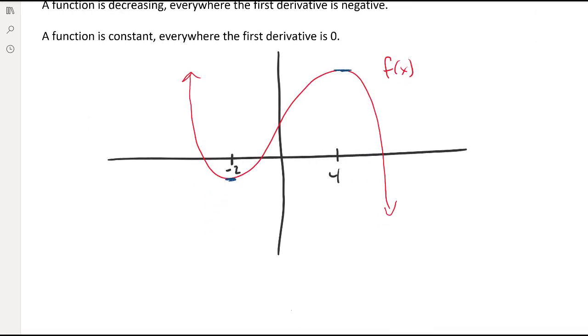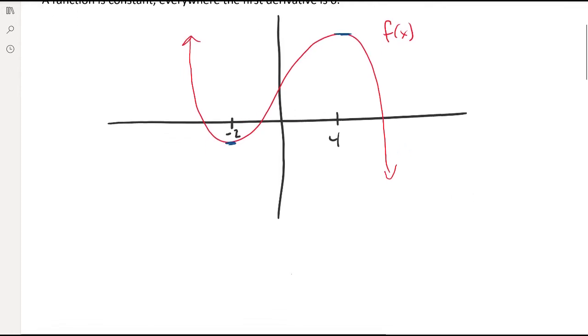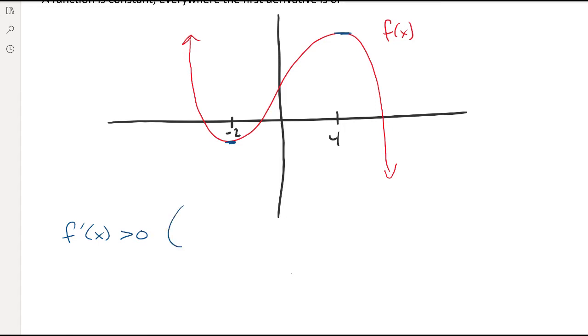Based off this graph, you'll be asked to do this in the homework. They may ask you, list all the values of x, in interval notation, such that f prime of x is positive. They want to know for what values of x your first derivative is positive. That just means we want to know where the function is increasing.